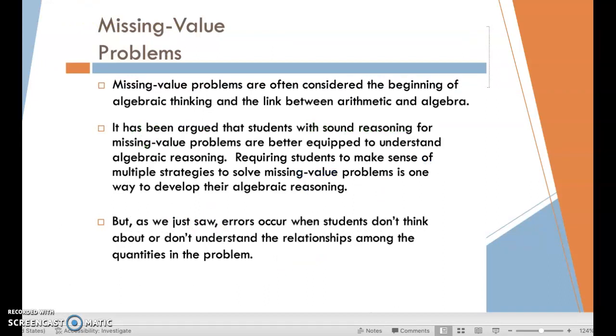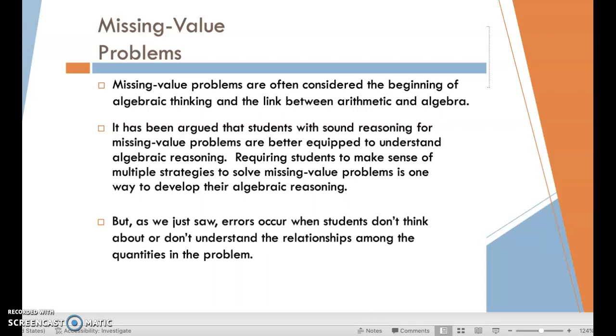So missing value problems are often considered the beginning of algebraic thinking and the link between arithmetic and algebra. It's been argued that students with sound reasoning for missing value problems are better equipped to understand algebraic reasoning.